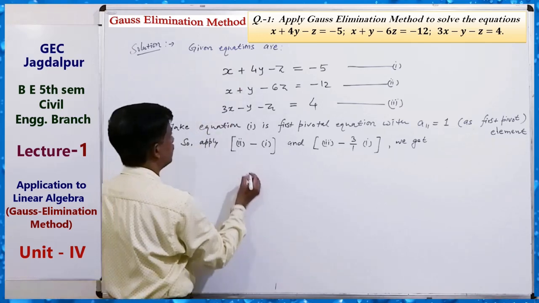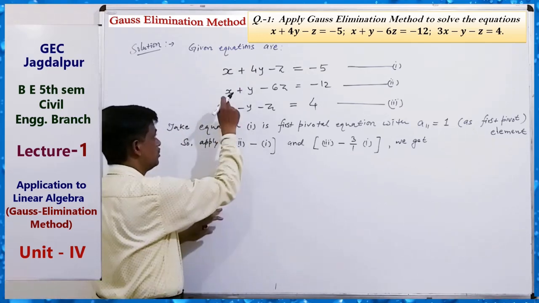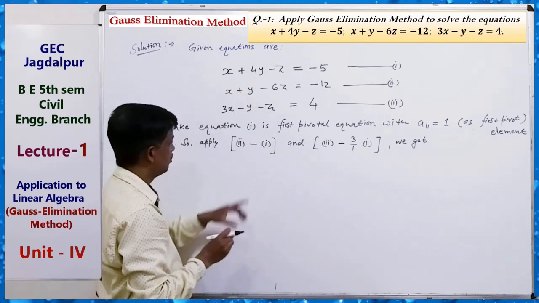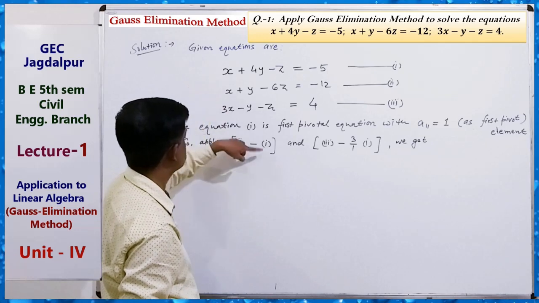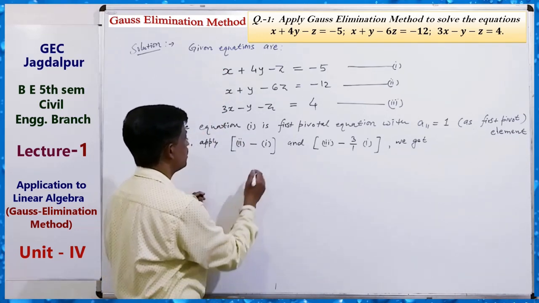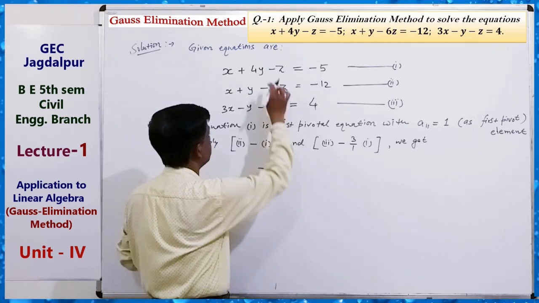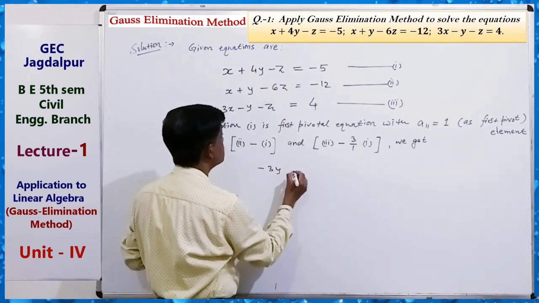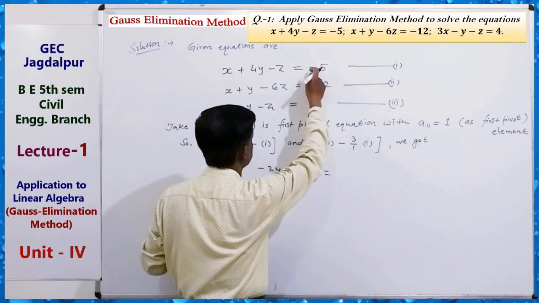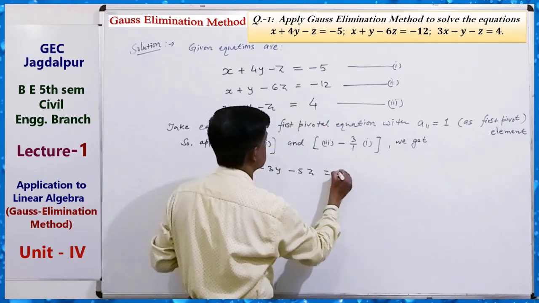Here, what will be the second equation? First 0, then just subtract first from second. This minus this is 0, this minus this is minus 3y, and minus 5z equals minus 7.